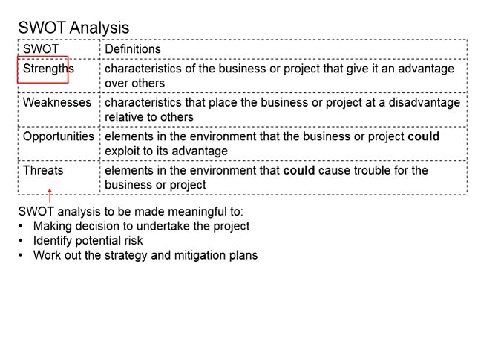To make it simple, when we talk about the strengths and weaknesses, we are referring to the internal factors of the project. These are the characteristics possessed by the business or the project, either at an advantage or at a disadvantage. As for the opportunities and the threats, they are the external factors.